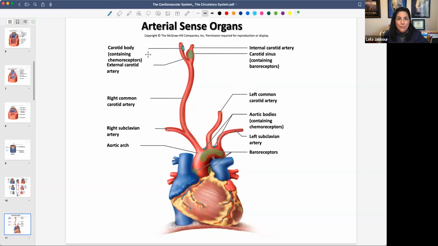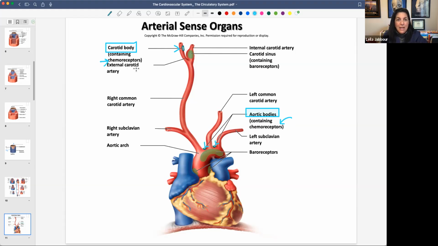I'll just use a blue. One is called the carotid body. This is the carotid body over here. And the other one are the aortic bodies over here, these two. Both of these are chemoreceptors.